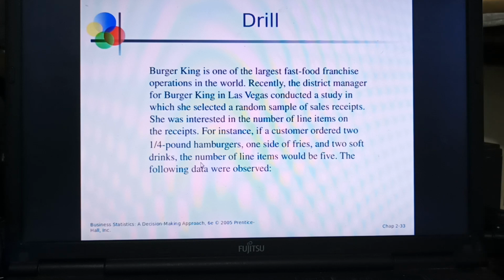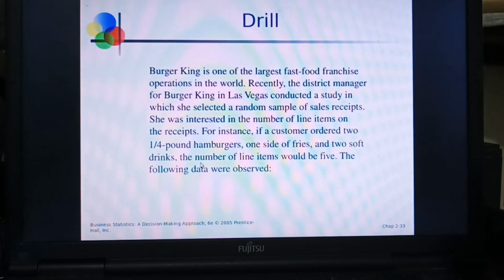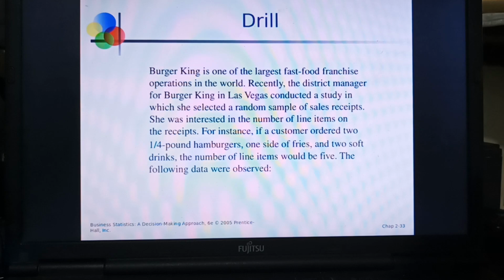I'm not sure if there is a Burger King in Butuan, but in larger cities there are Burger Kings. This is a food house, a restaurant of some sort, like Jollibee or McDonald's.